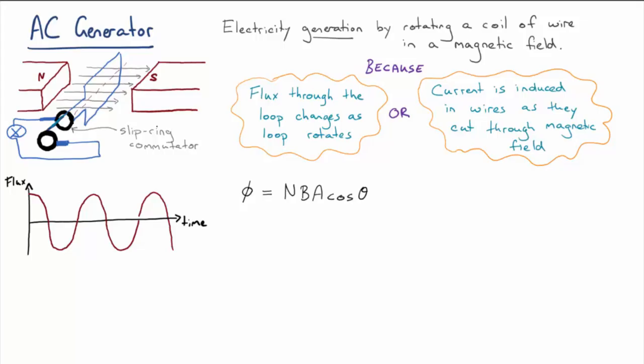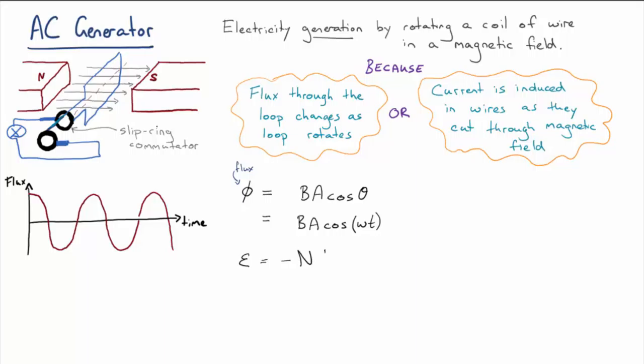We've been through that before. Then we could put that in terms of the rate of rotation, the angular frequency at which it's turning. That's the flux. I'm just going to take away those n's, because in our definition of Faraday's law, we've included the number of loops in there. So we'll leave that for later.